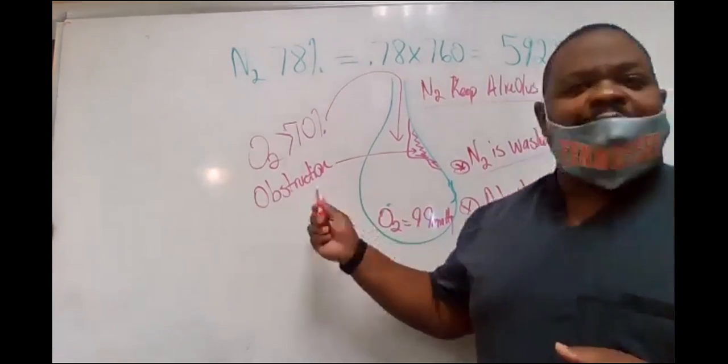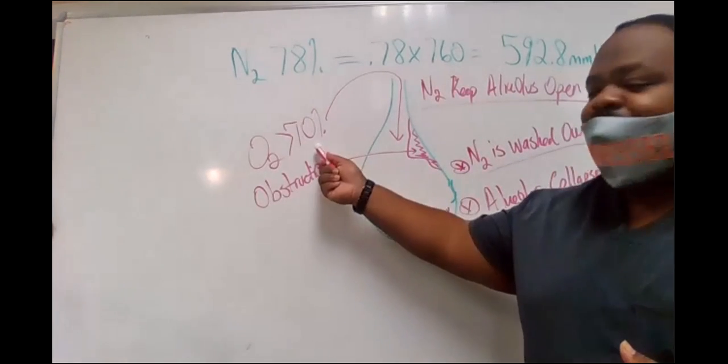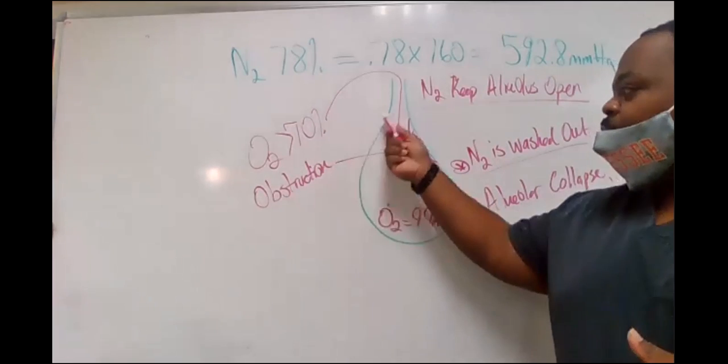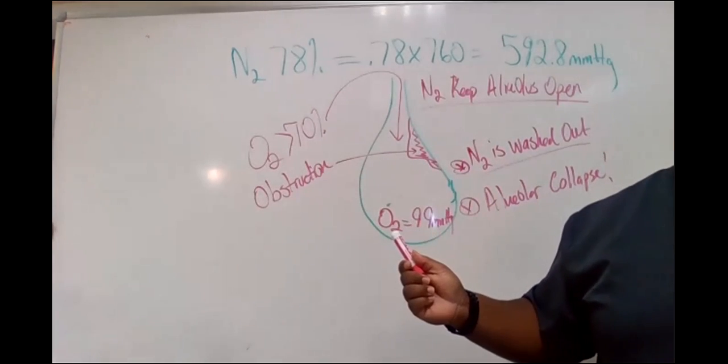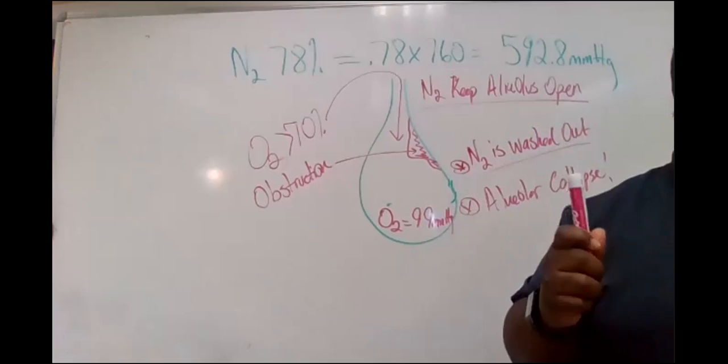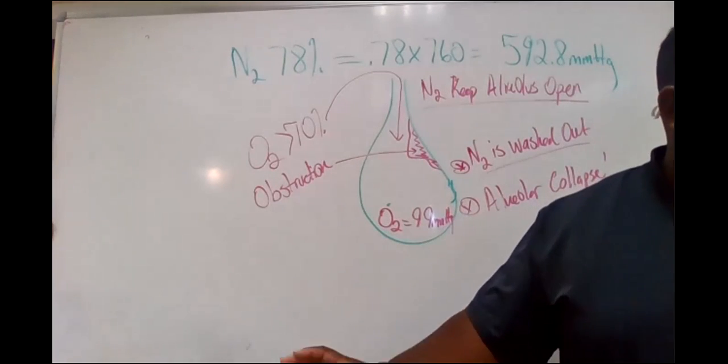So what absorption atelectasis is saying, when there's an obstruction and you have high levels of FiO2, the O2 will continue to be absorbed, but the nitrogen can't. Nitrogen can't get in there because of the obstruction, but the oxygen can get in there. And what happens is you wash the nitrogen out. That's called nitrogen washout.